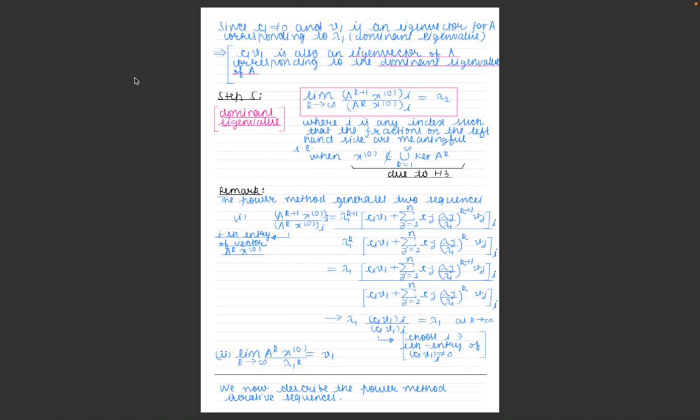And how do you do it? So clearly, if we just take this limit A power k plus 1 x naught upon the limit A power k x naught, if you divide it, so what are you getting? You check that. Definitely we will be getting lambda 1. Okay.